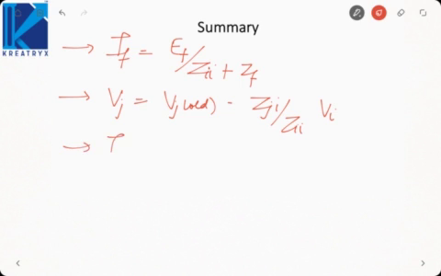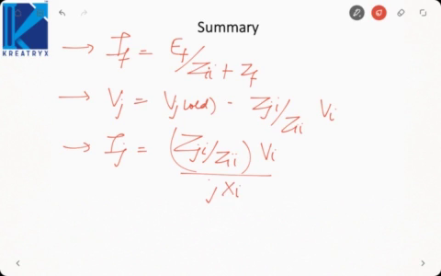Then we saw what is the fault feed from the generator connected to bus j. Ij will be equal to Zji by Zii Vi divided by jXi. In the next lecture, we will start with the load flow analysis, and we will see how Y bus is used in load flow analysis and how to determine the voltage at each and every bus.